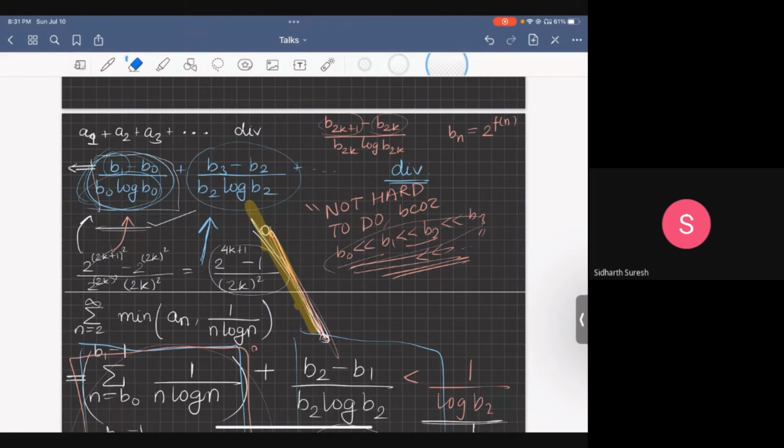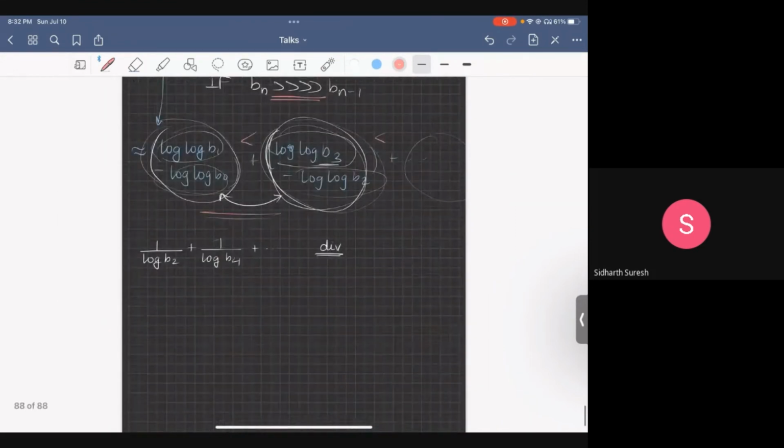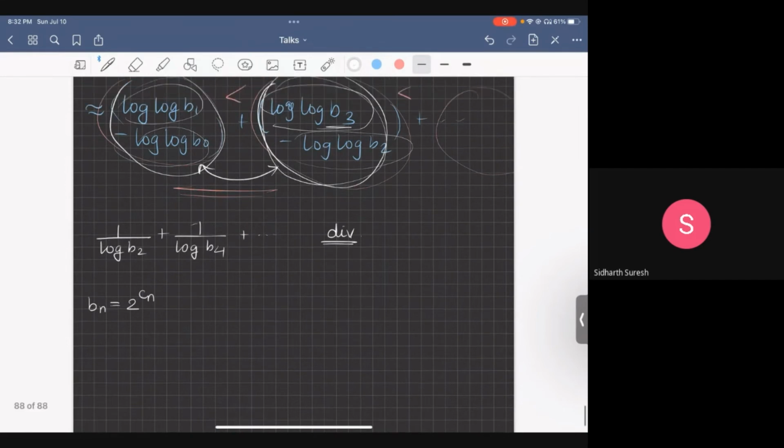Where did you get the ratio of f of n plus 1 and f of n? When you do log b, yes, you're right. So we can take Bn to be 2 raised to Cn, let's say. Then what do we want?